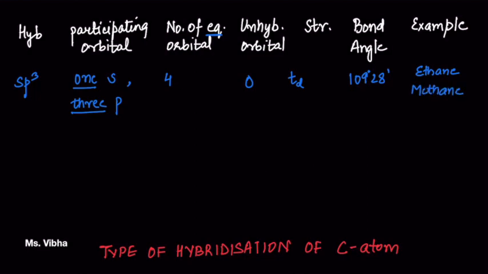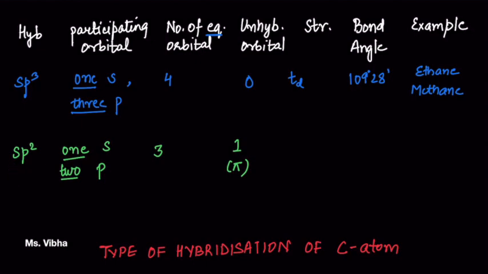The next is that sp2. अब sp2 के अंदर कौन सी participating orbitals है, तो we can see that I have one s orbital, means एक one box of s and कितने boxes of p, that means two boxes or two orbitals of p subshell. जब भी number of equivalent निकालना होता है तो हमें इन numbers को plus करना होता है, that means 1 plus 2 that is total 3, लेकिन total तो 4 होती है, तो एक और आपके पास unhybridized orbital बचा हुआ है. तो this is one unhybridized orbital जो कि p orbital था, जो कि पाई बॉन्डिंग में इन्वॉल्व. तो इससे आपकी बनती है पाई बॉन्डिंग. तो इसके अंदर कितने सिग्मा बॉन्ड्स होंगे, 3 सिग्मा बॉन्ड्स होंगे, एंड आई हैव 1 pi bonding.